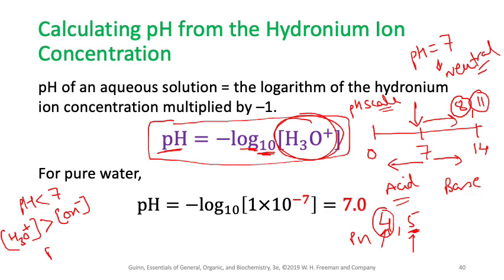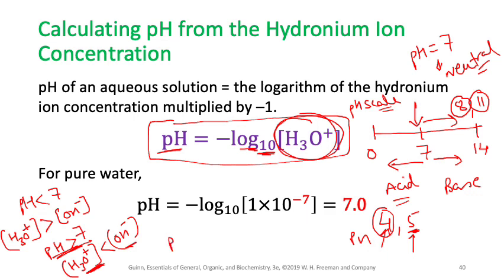The second thing is, if the pH number is more than 7, I would say in this case the concentration of the hydronium ion is less than hydroxide ion, because the solution is basic. In which condition is the solution going to be basic? If the concentration of the hydronium ion is less compared to the hydroxide ion, that's why it's going to be basic.